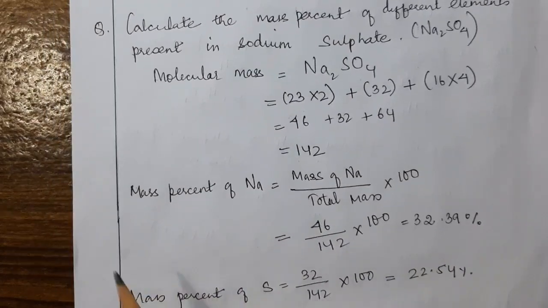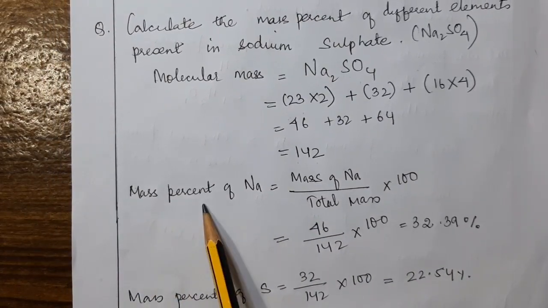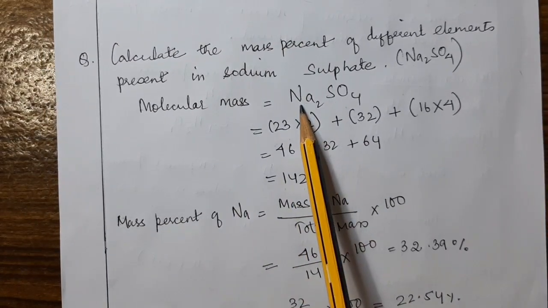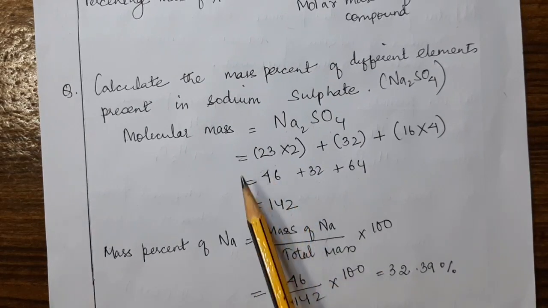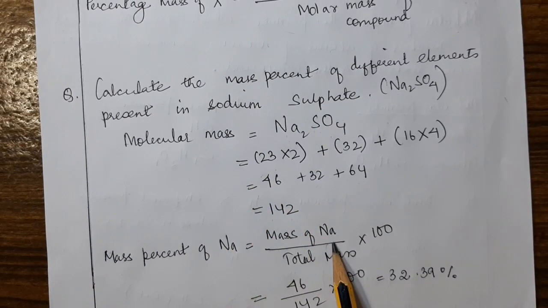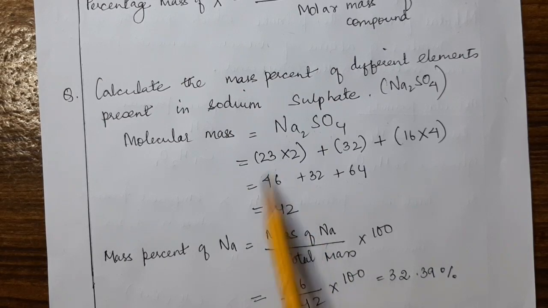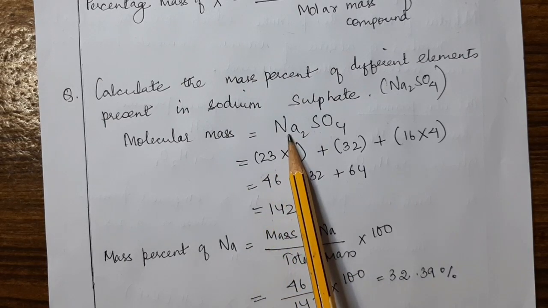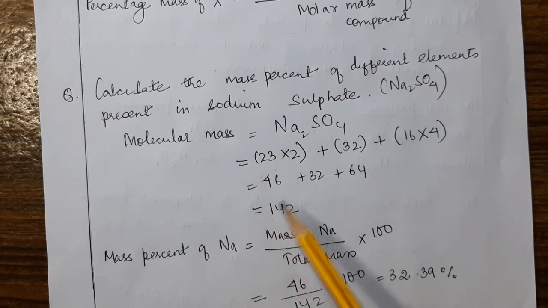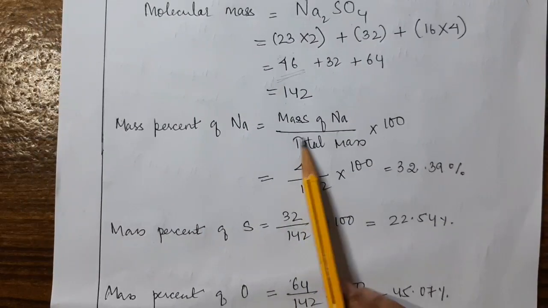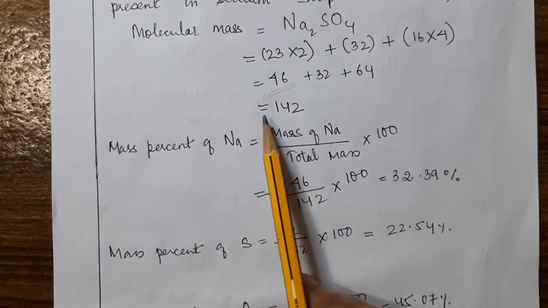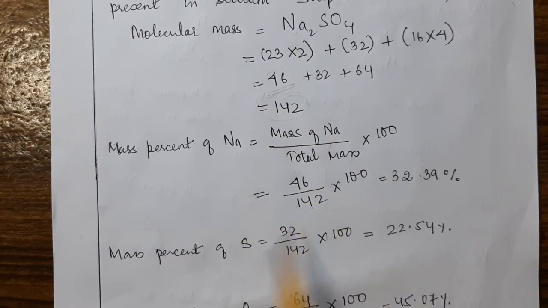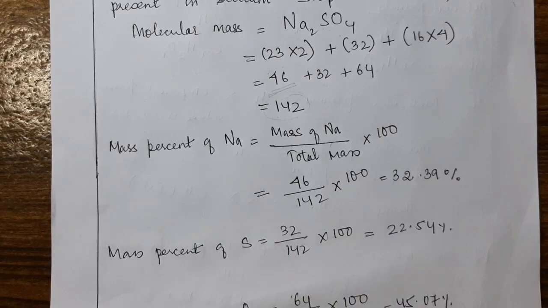Now let's find out the mass percentage of the first element, sodium, which equals the mass of sodium in 1 mole. How much is the mass of sodium here? There are 2 sodium, 23 into 2, that is 46. So mass of sodium 46 divided by the total mass, the molecular mass, 142, into 100.